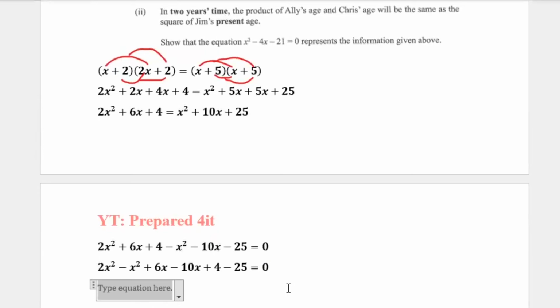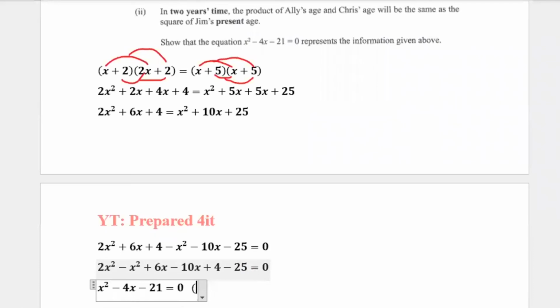Very good, Shanicia. Indeed, that is it. So we can now do 2x squared minus x squared, that will leave us with x squared. So basically 1x squared. Now, plus 6x minus 10x, that will leave us with minus 4x. And we have a positive 4 minus 25, that will leave us with a minus 21, and that is equal to 0.